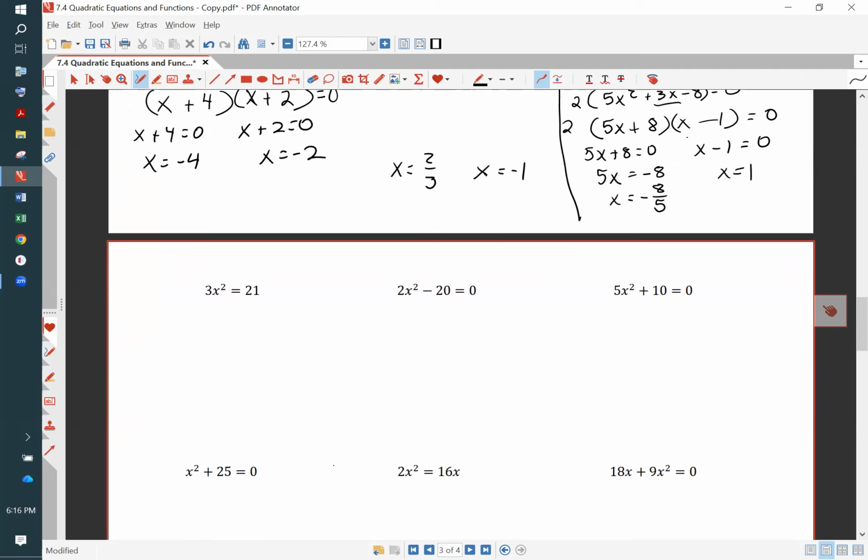Again, we need to always get zeros on one side of the equation, so we're going to subtract 21 here from both sides. Now we can factor a 3 out of that and have x squared minus 7.